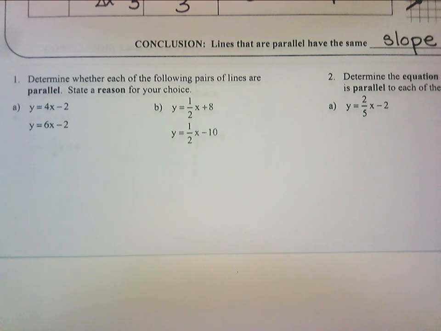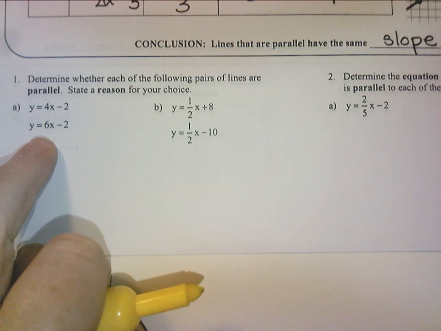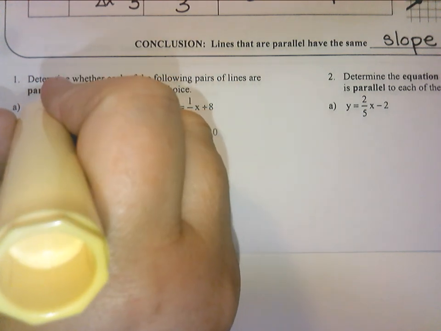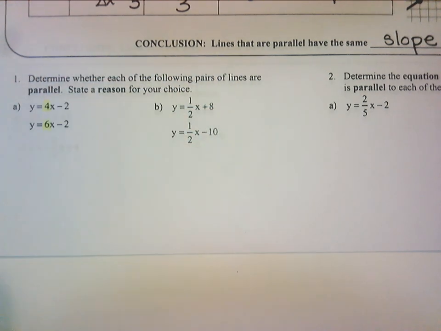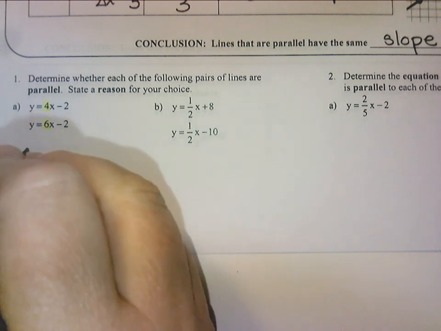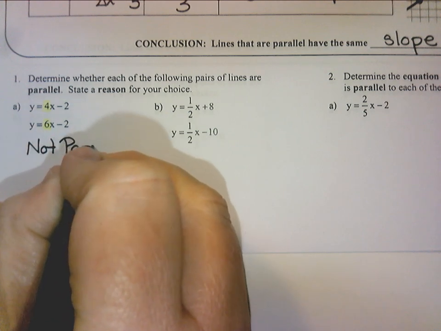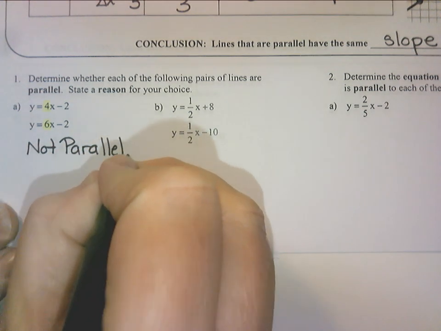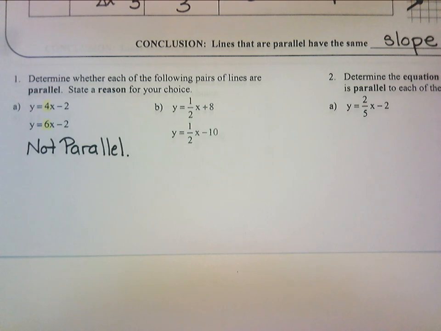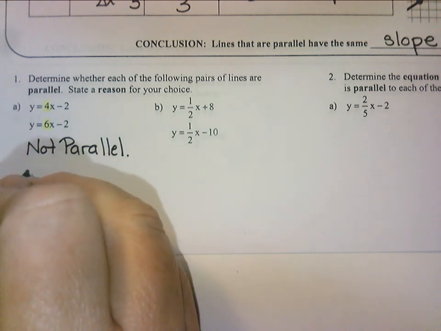Lines are parallel when they have the same slope. The slope is always the number in front of the x. My first line has a slope of 4. The second line has a slope of 6. Those are not the same, so these are not parallel. And when it asks me for a reason, they have different slopes.